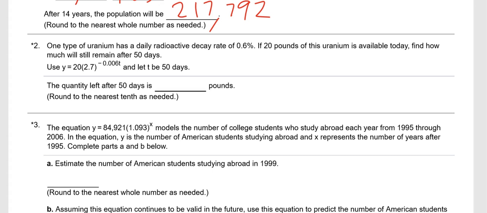Question 2. One type of uranium has a daily radioactive decay of 0.6%. If 20 pounds of this uranium is available today, find how much will remain after 50 days. Now, radioactive substances have what's called a half-life.